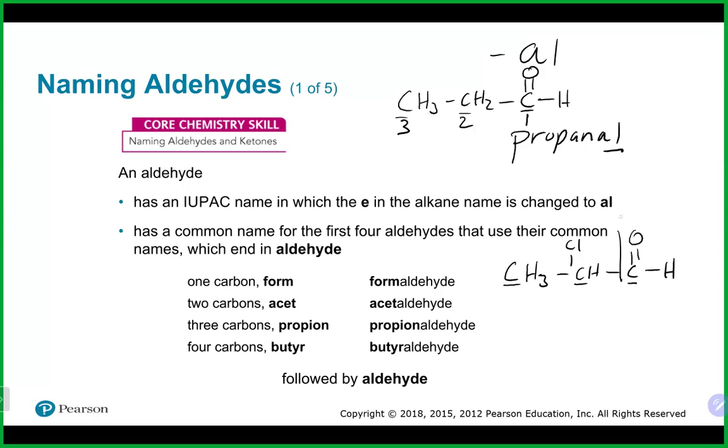And we have our aldehyde group here. That is going to be still our propanal. But we also have a chlorine group there, right? So we have to give the number of that. Because of this, this guy has to be carbon number 1. This then would have to be carbon number 2. This would be 2-chloropropanal, okay? And that is how we number it.